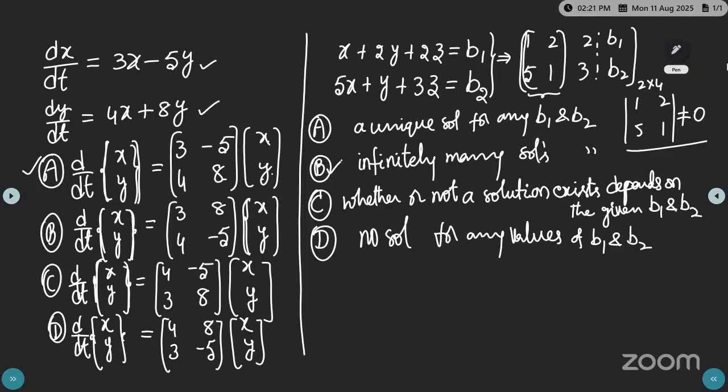Here, the rank of the coefficient matrix is equal to 2, since its order is 2 by 4 for the augmented matrix and 2 by 3 for the coefficient matrix.